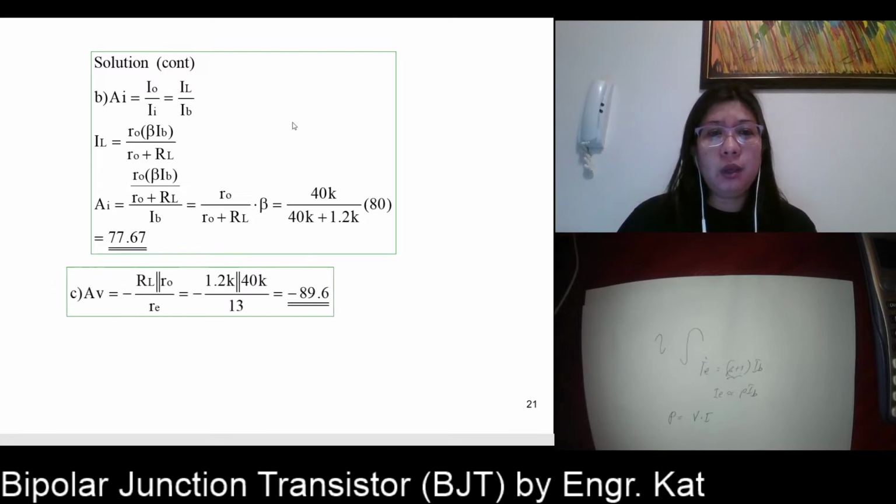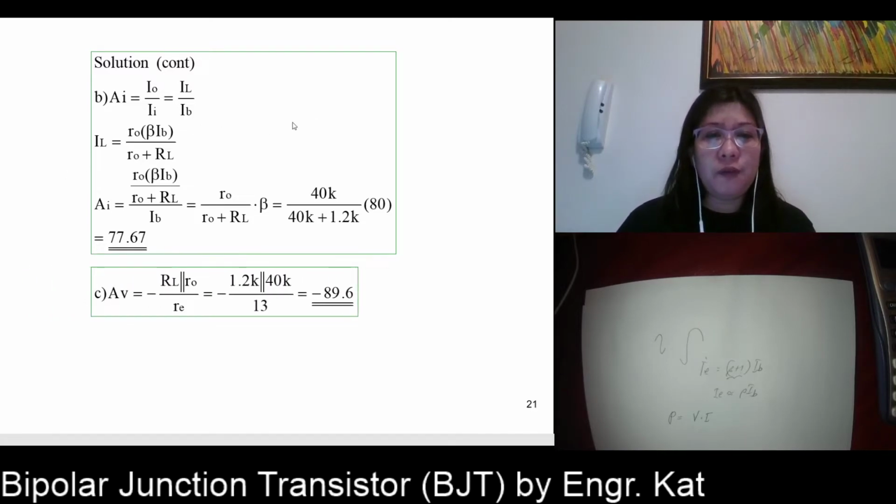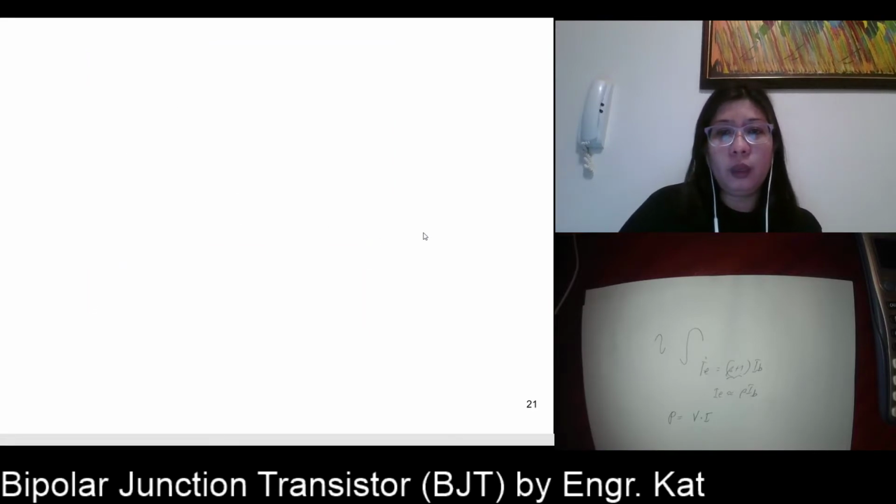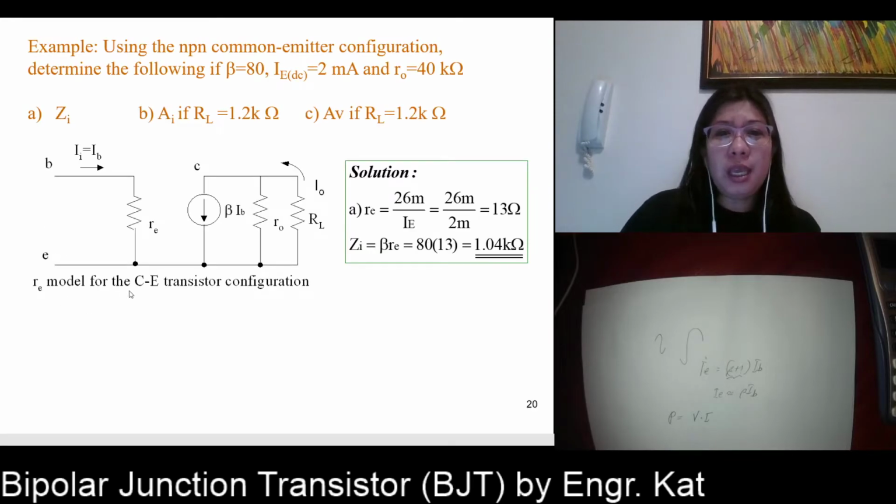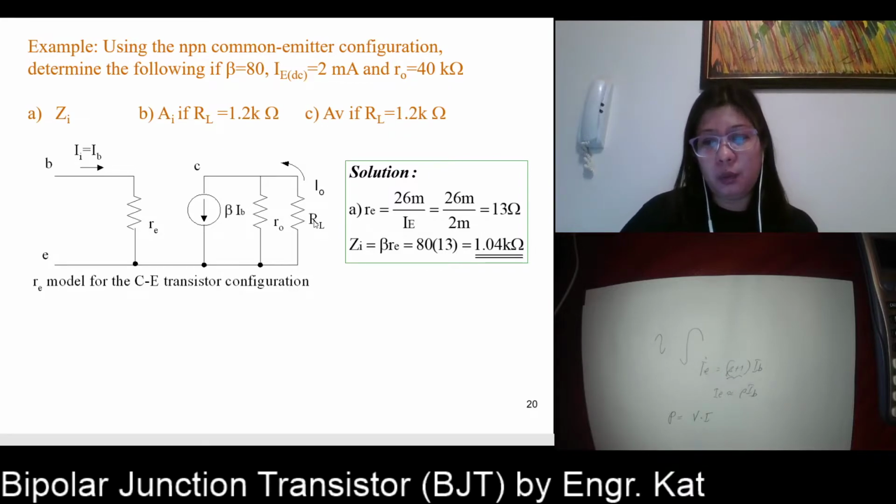And lastly, solving for your AV. We have here now the parallel combination. Why parallel, class? As you can see, your output is being taken across RL. So the voltage across your RO is equal to the voltage across your RL. What is the relationship between these two? They are in parallel with each other.